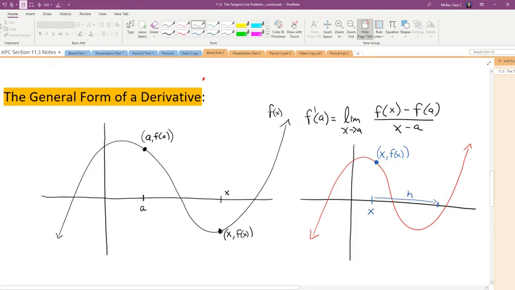One of them is at x, f of x, and the other one is right here, where this x value would be a distance of x plus h, making this point x plus h, f of x plus h.